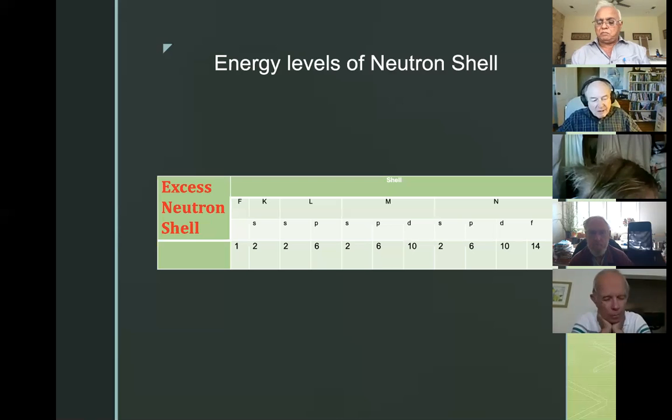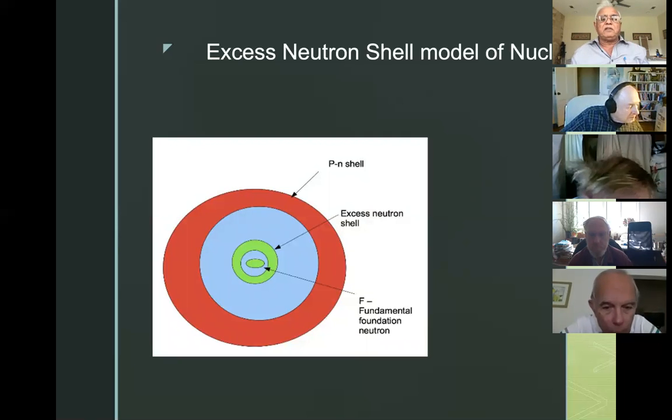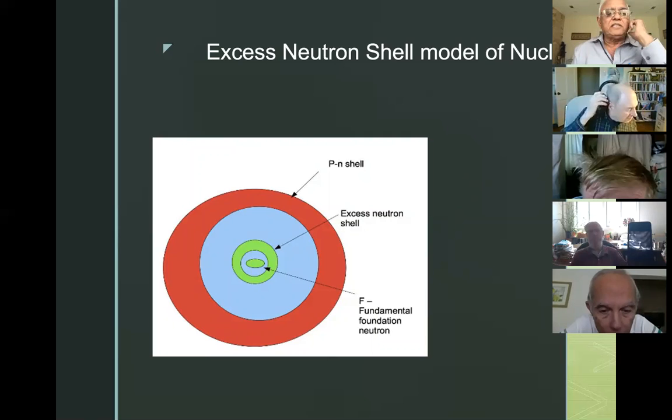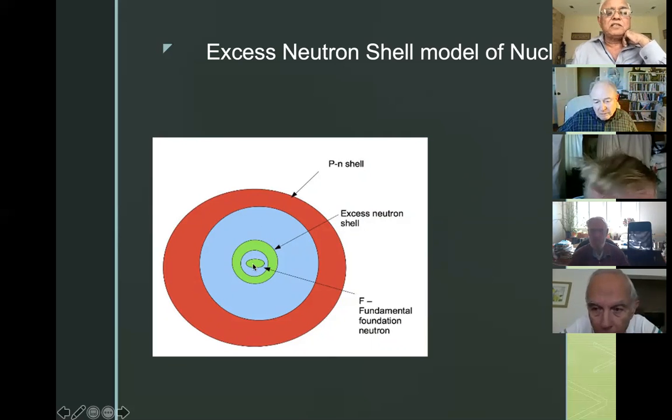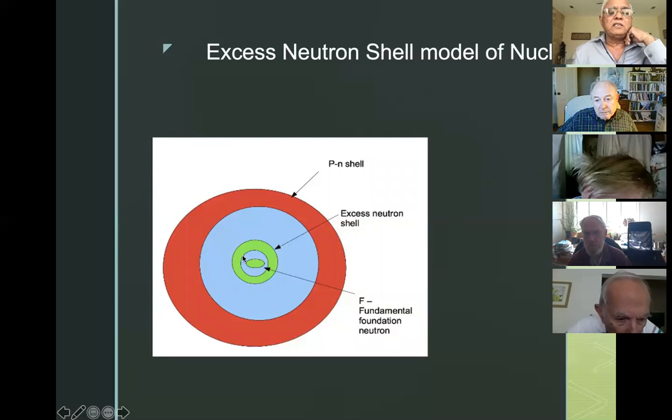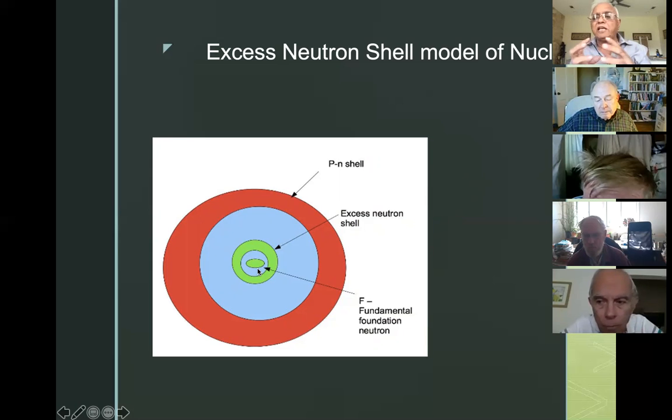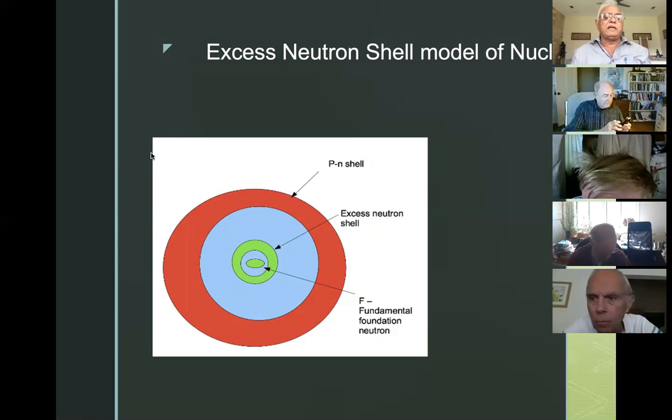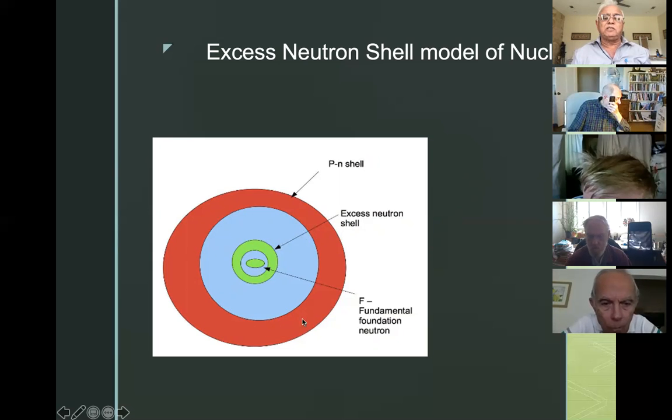Here we are revisiting this, where you can see that one neutron is in the center, and the rest looks like a peach, and the outer shell is an NP shell. That is because the experiment has shown that neutron and proton stay together in an orbit. So that is why it is the NP shell.